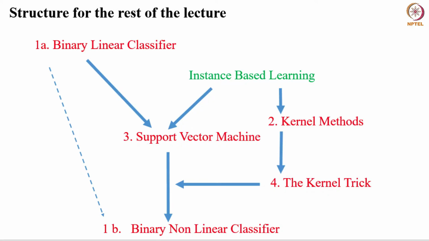A support vector machine is a kind of scheme or type of algorithm which is an instance of something called a binary linear classifier. Essentially, the common theme for all of these is to look at the instance space and try to find lines or surfaces that distinguish between different classes.